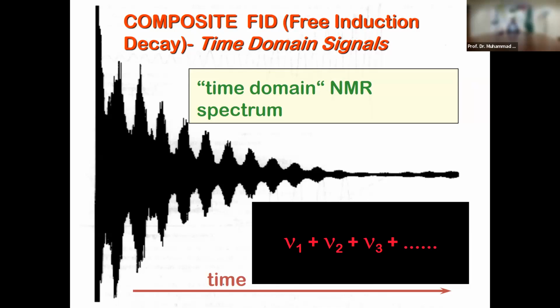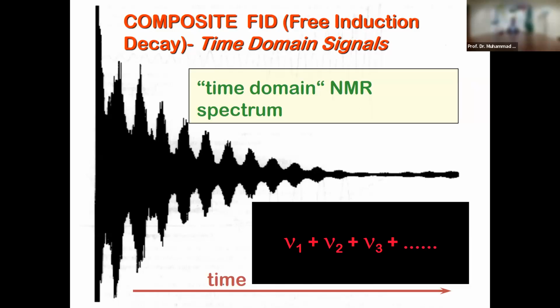And I told you that there are two mechanisms through which relaxation takes place. One is called T1, spin lattice relaxation, where the energy which you have given through radio frequency is lost to the lattice in the environment, because there are so many other molecules present, such as solvents, and eventually this energy goes to them.